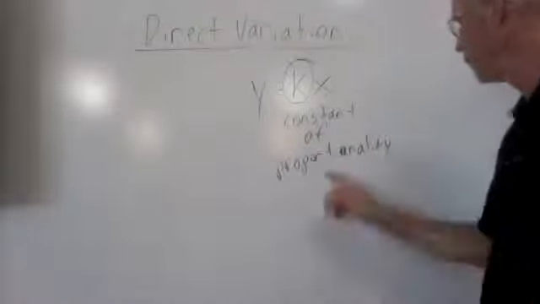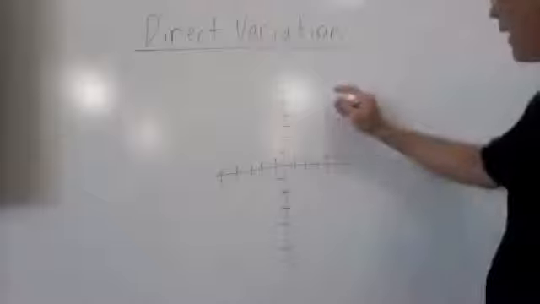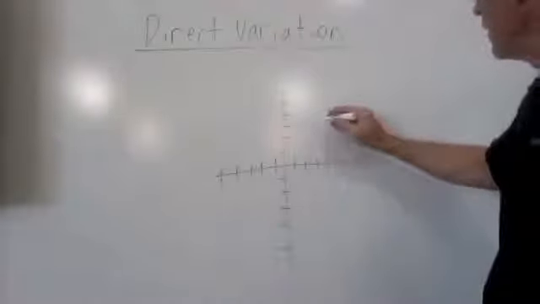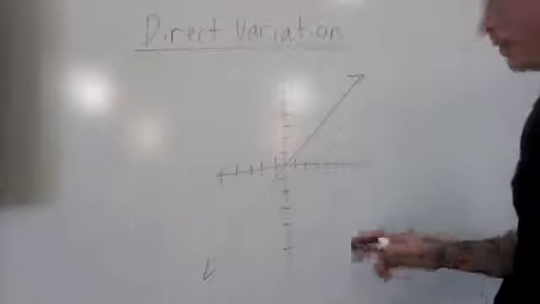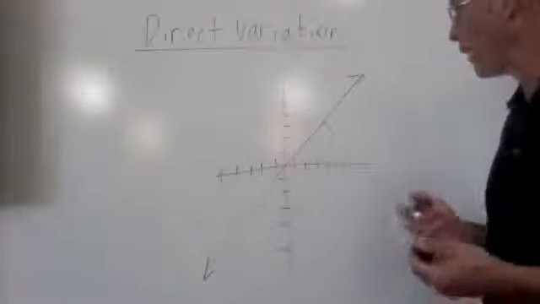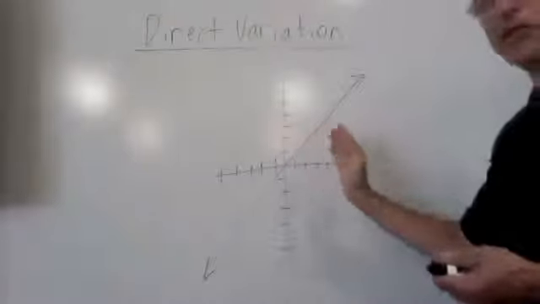So if I do just a regular graph here, and I had a line, I'm going to try to hit the origin, and if I draw a relatively straight line, there I have a straight line. What direct variation is saying is that for every amount that I move up in y, I move over a certain amount in x.